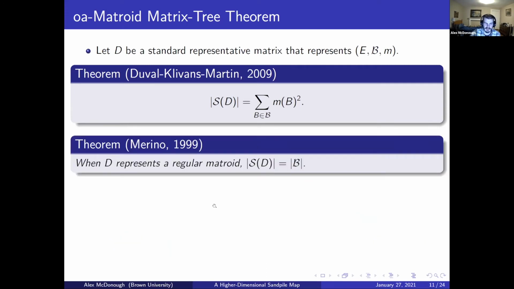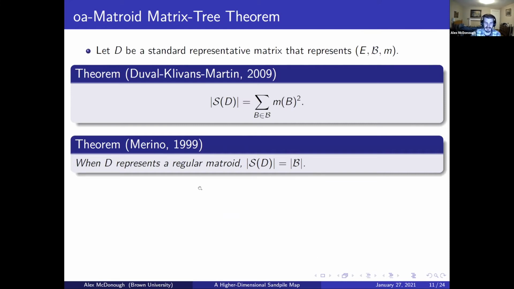And so this means that if every multiplicity is 1, then the size of the Sandpile group is just the number of bases. This is an immediate corollary of this higher theorem, but as you might guess, it was proven much earlier.